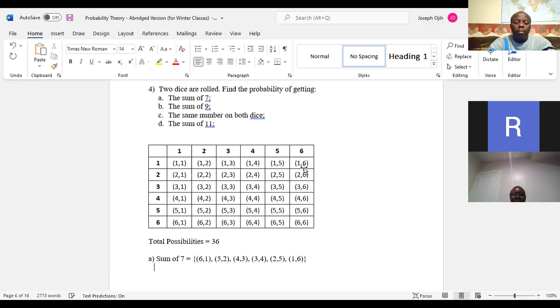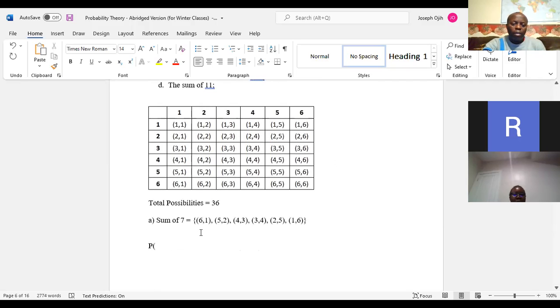So there are 6 possibilities for a sum of 7. The probability of getting a sum of 7 will be 6 out of all the possibilities of 36.